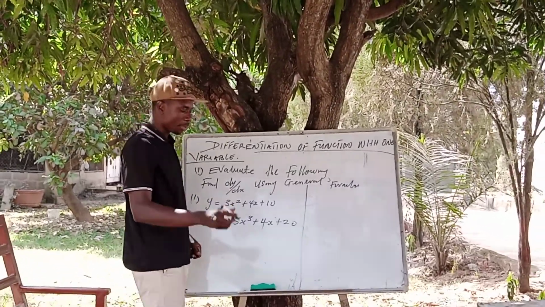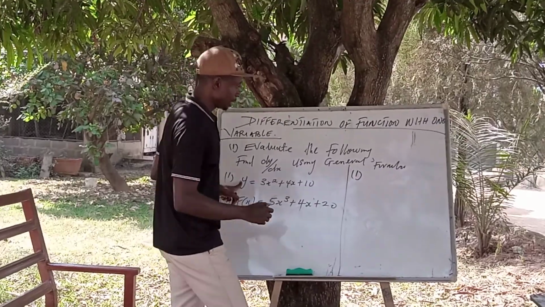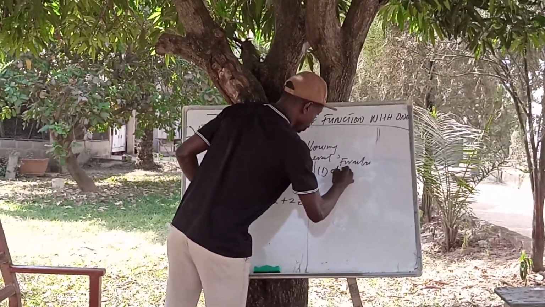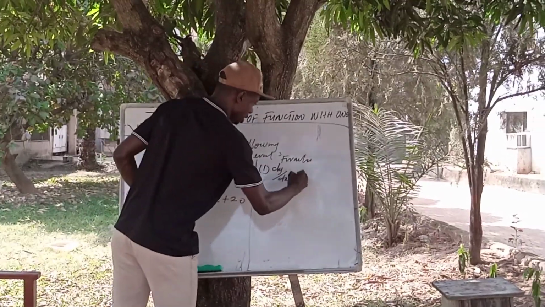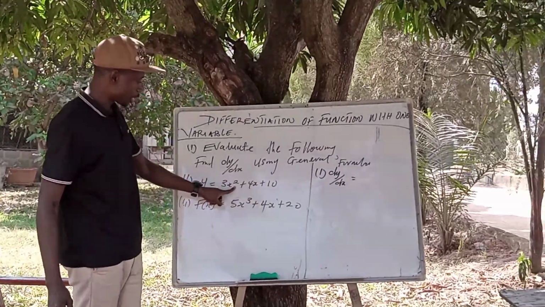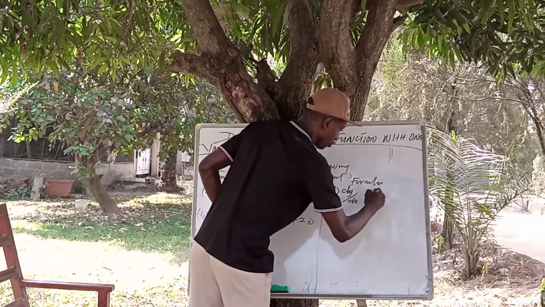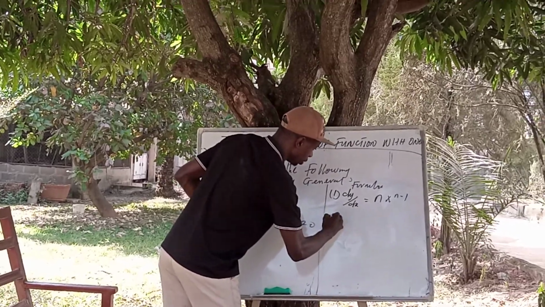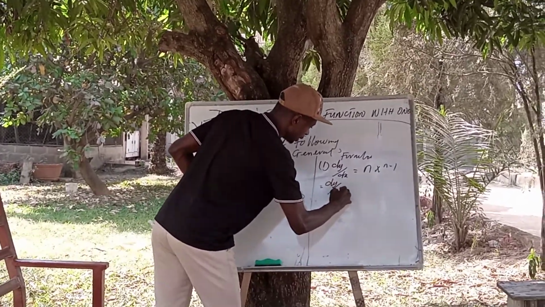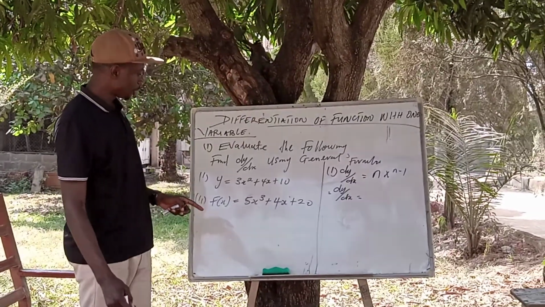Then for number 1, we introduce dy/dx. When you differentiate, I introduce my formula as n times x to the power n minus 1. You can call it dy/dx.